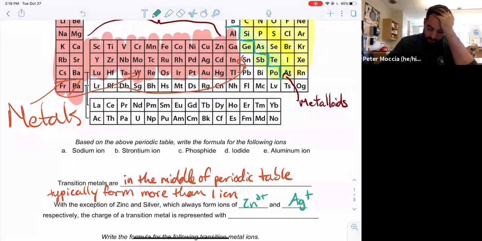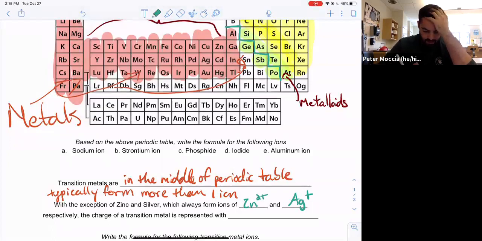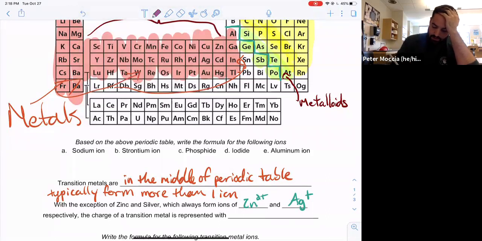With the exception of zinc and silver, the charge of the transition metal is always represented with Roman numerals.